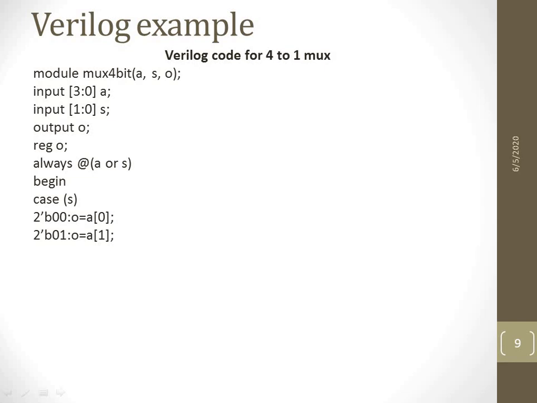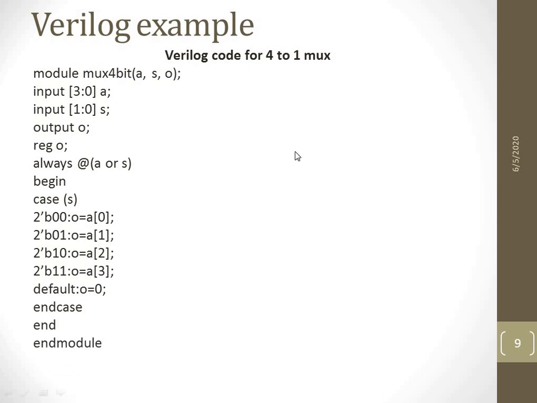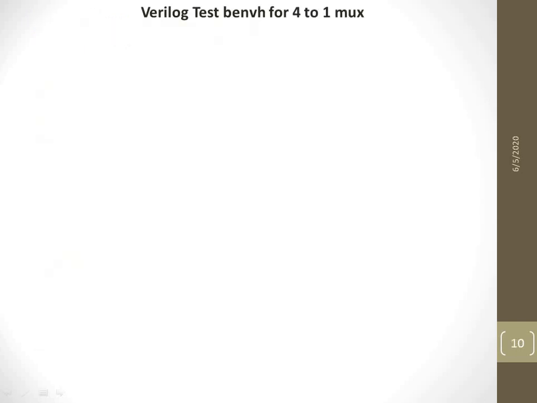If it is 01, my output should follow A of 1. If it is 10, A2, 11, A3. And for default in the switch case, the default is 0. End case, end always block and end module. So this is the main code for a Verilog program for 4:1 mux.